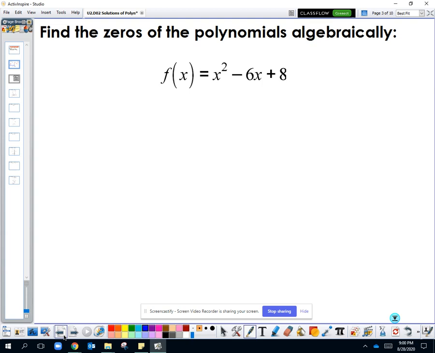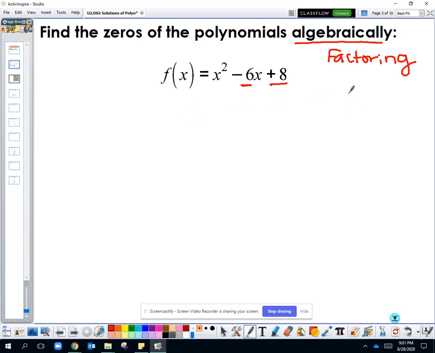So our first example today is a trinomial, and we can solve algebraically by factoring. That's what we're going to be doing today. So this is just as much a review of factoring as it is anything else. Here we're looking at what are the factors of +8 that give us a sum of -6.